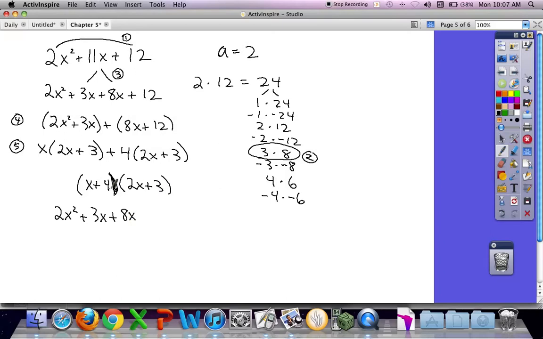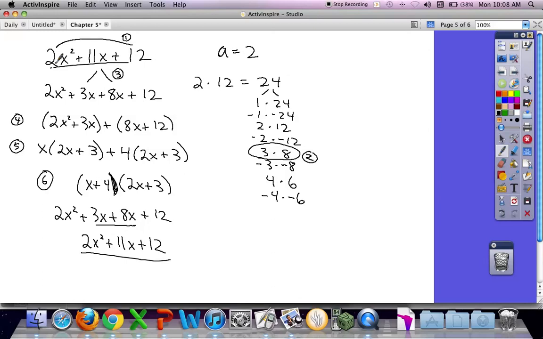And 3 times 4 is 12. These two are like terms, so I can combine them. 2x squared plus 11x plus 12. So this is the same as this. So how many steps was that? That was 6 steps to factor what I would call a not simple quadratic.